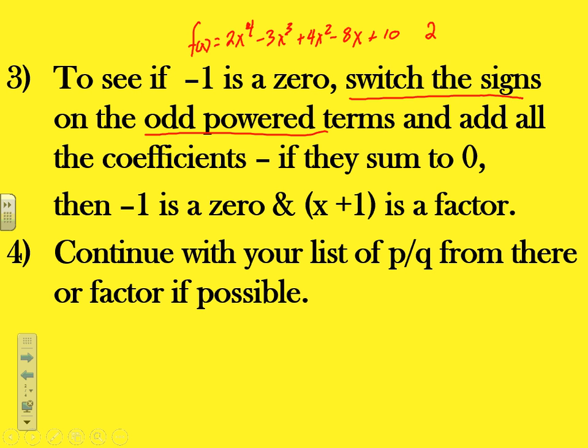That is an odd power, so what this rule is telling you to do is take whatever the coefficient is and change the sign when we're adding it. The next one is an even numbered power. The next one is another odd numbered power, so I changed the sign on that one, and so on. That's what that third part is telling you to do. And then part 4 says, now that you can tell if 1 or negative 1 is a 0, just finish factoring it.